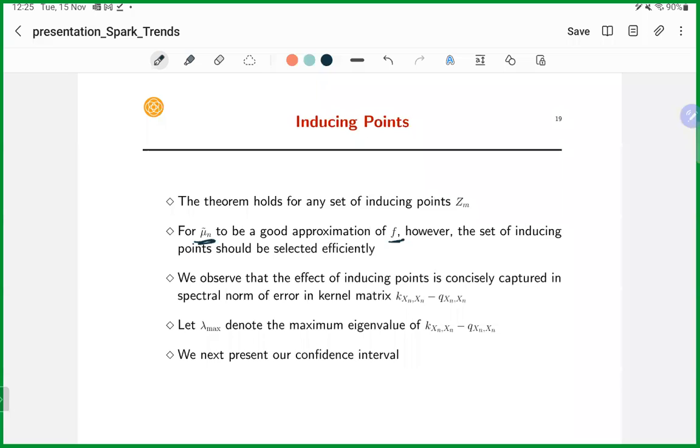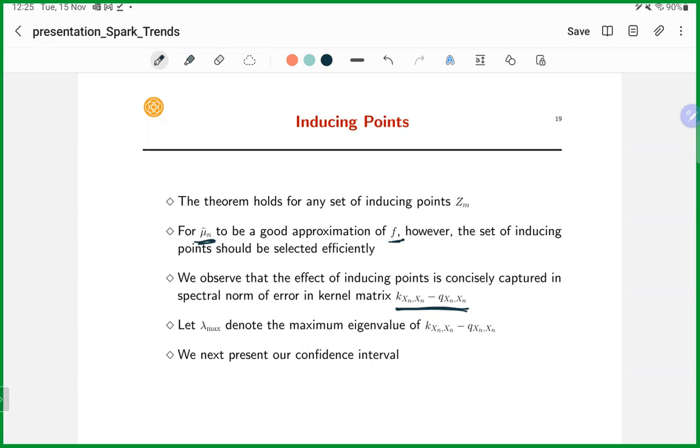So we observe that the effect of inducing points in the error is concisely captured in the spectral norm of the error in the kernel matrix. Basically, we had one kernel K, which was the original kernel, and one kernel Q, which we defined using the inducing points. If the spectral norm or maximum eigenvalue of this matrix is controlled, then we can control the error in approximation.